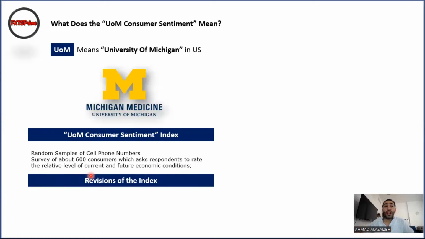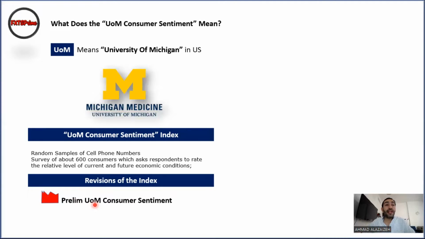There are two revisions for this indicator. When we say this indicator, we mean the consumer sentiment produced by the University of Michigan. The first one is the high impact indicator, which will be represented in red on the Forex Factory website, and we will see that in a moment.